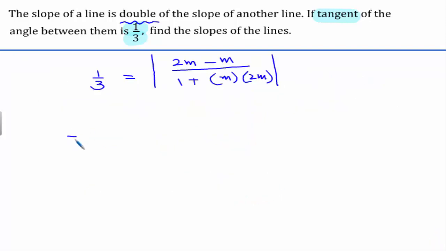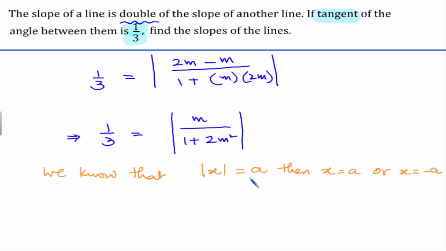Then here we get 1/3 is equal to the modulus of m/(1 + 2m^2). Now we know that if modulus x is equal to a, then x is equal to a or x is equal to -a. Let us apply this concept to this.